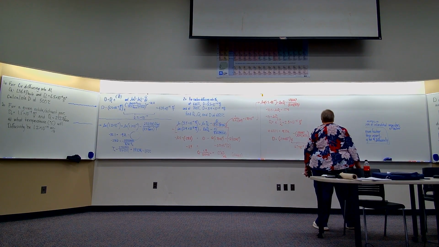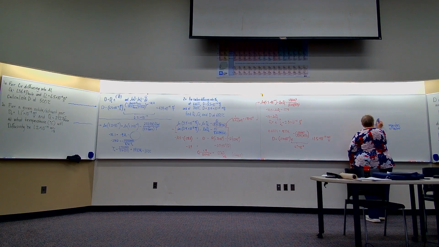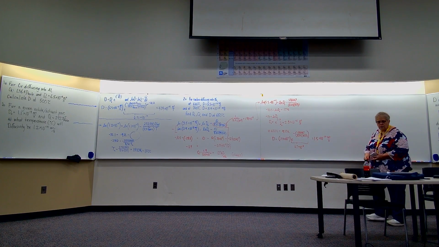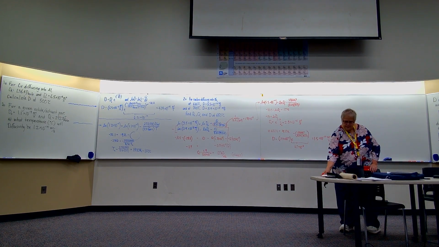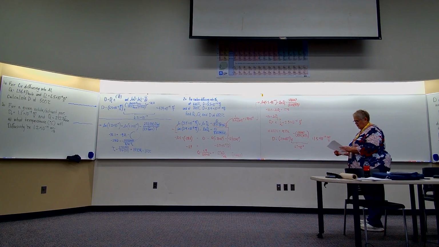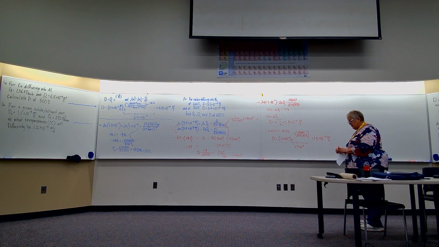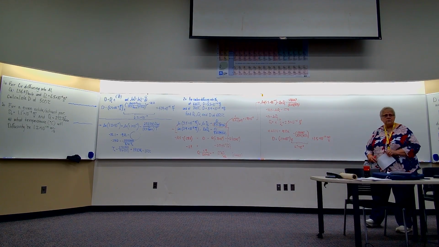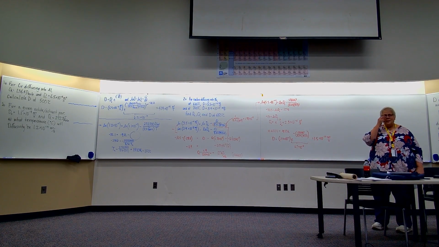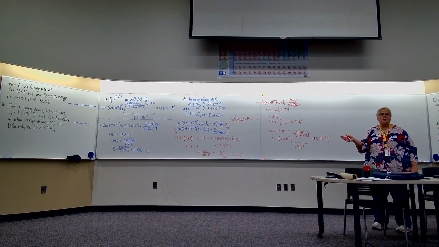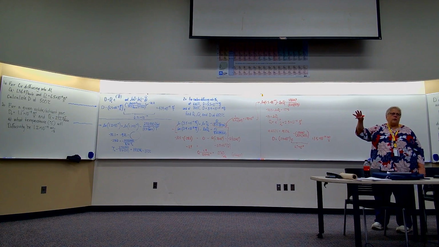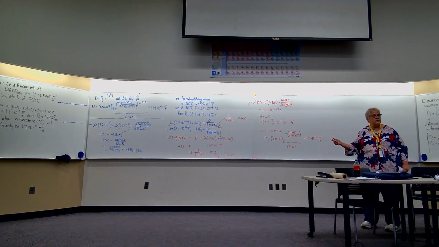Want to do one more like this. And this is for nickel and iron. Now, nickel is FCC, iron at room temperature is BCC. Nickel won't diffuse into iron at room temperature. But you get iron to above 912 C, and it's FCC.